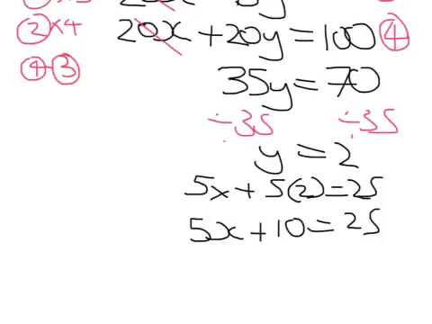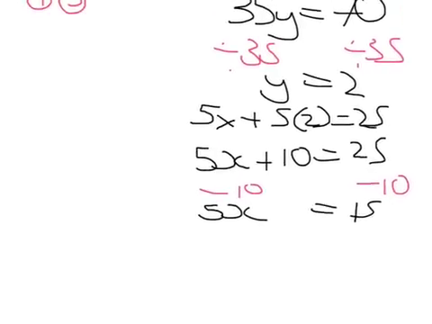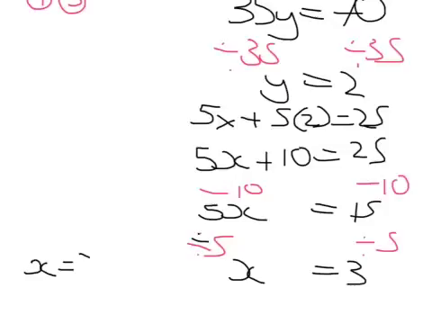Take away 10 from each side, and we get 5x equals 15. Divide each side by 5, and we get x equals 3. So our answer to this one, we have x equals 3, y equals 2.